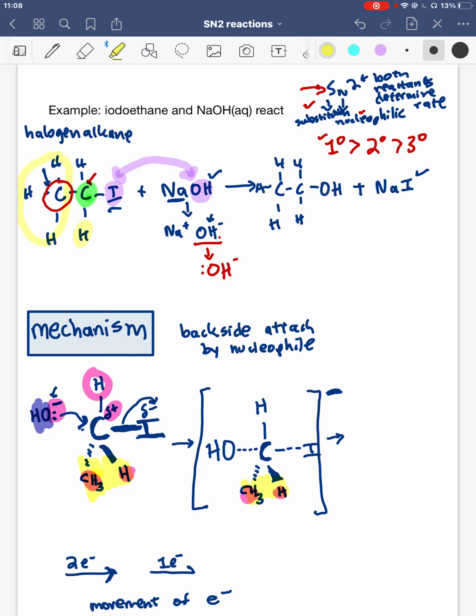And this is where that inversion happens, like we saw in class. It's sort of like an umbrella flipping upside down. So these groups get inverted. All of a sudden, that hydrogen that was coming forward is now going back. This methyl group, excuse me, is now coming forward.